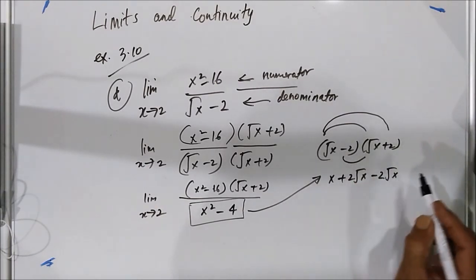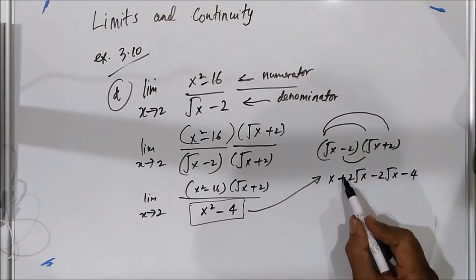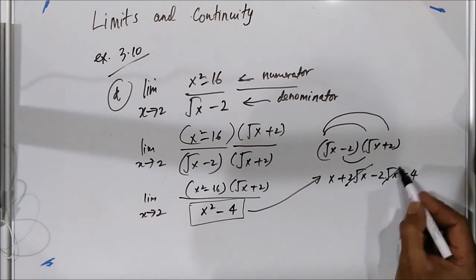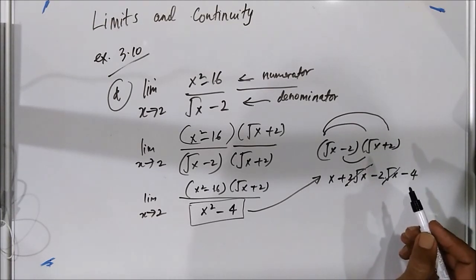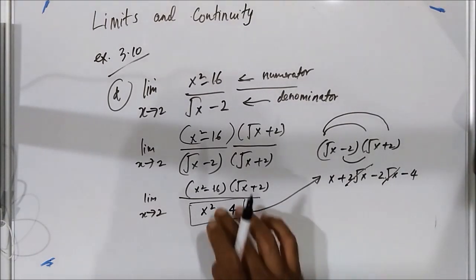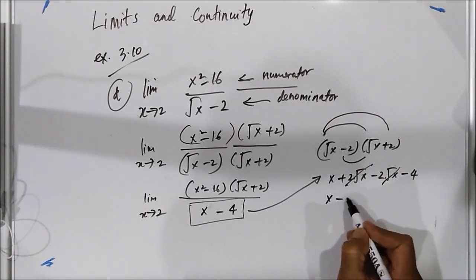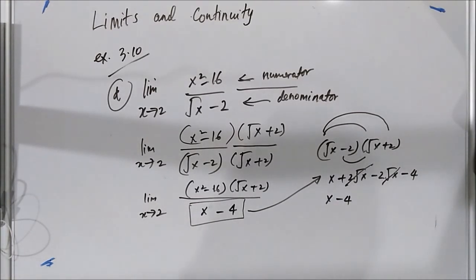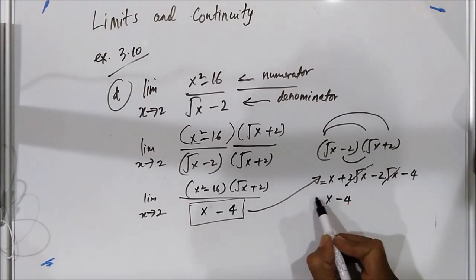Negative 2 multiplied by positive 2 is negative 4. Plus and minus cancel, so sorry, this is x minus 4. Understand? This is x minus 4.